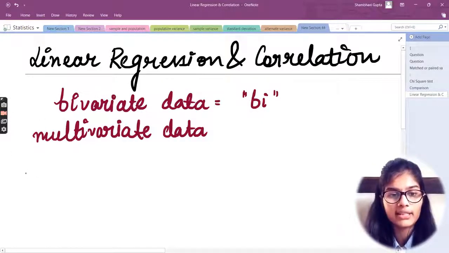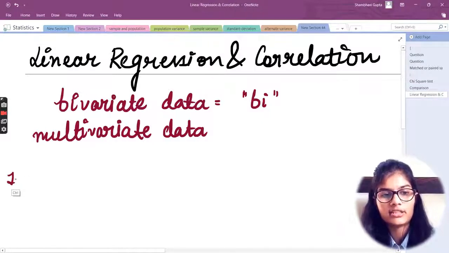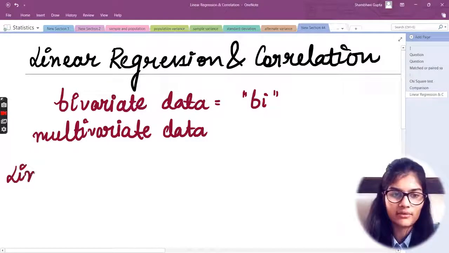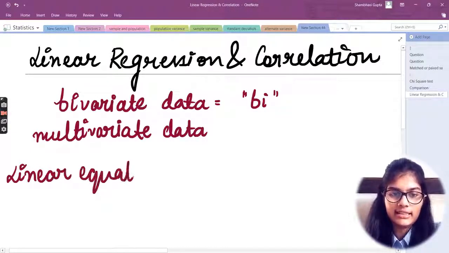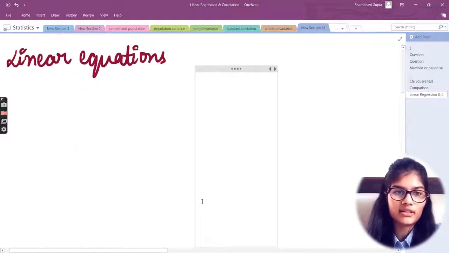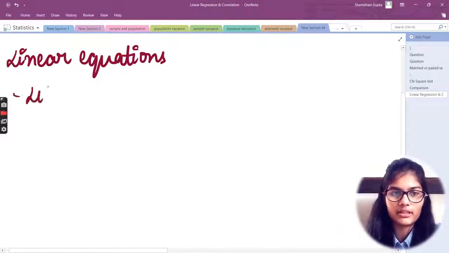Now I'll take you to the very first topic I have right here, which is linear equations. Let's come down and start studying it.